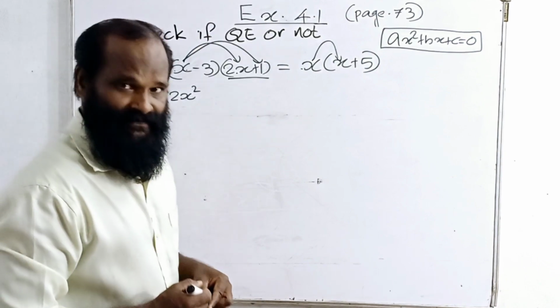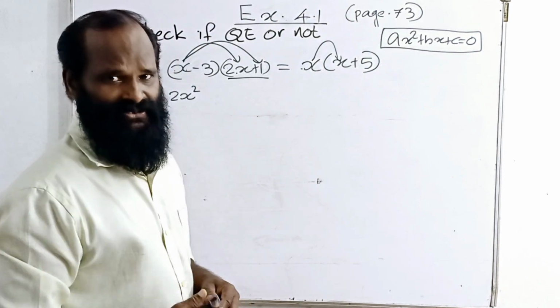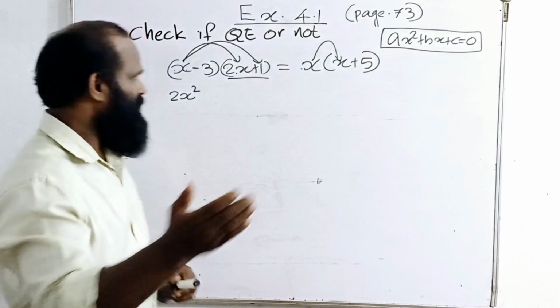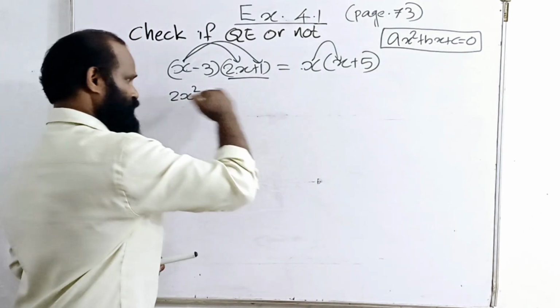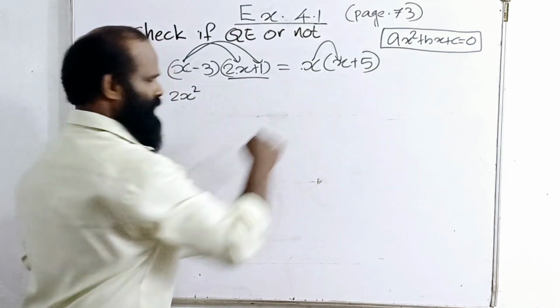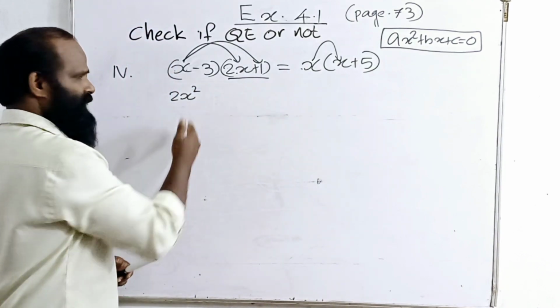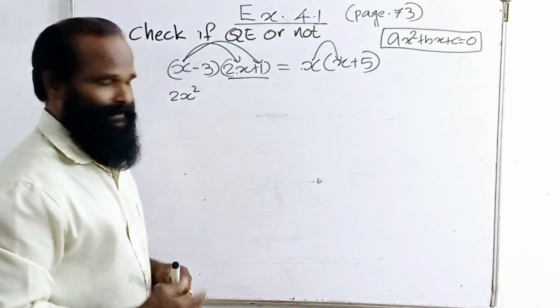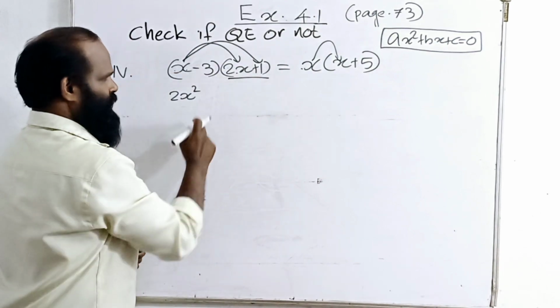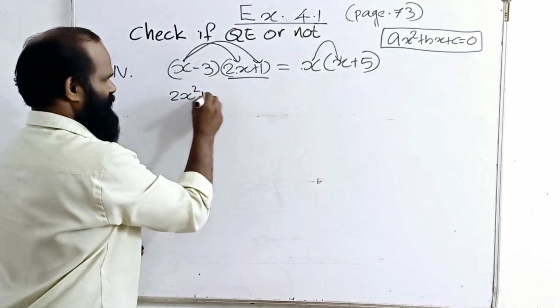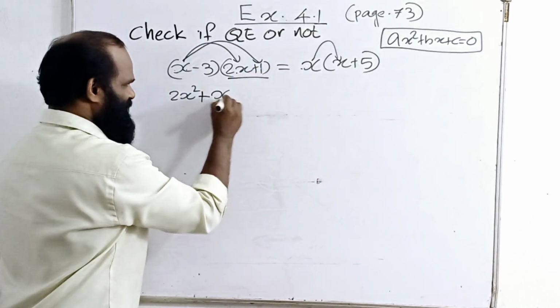We need to save time in the final examination, so you would rather adopt this method. Otherwise, we will be losing time writing one extra line. Well, x into 2x, 2x square. x into positive 1, positive into positive is positive. x into 1 is x itself.